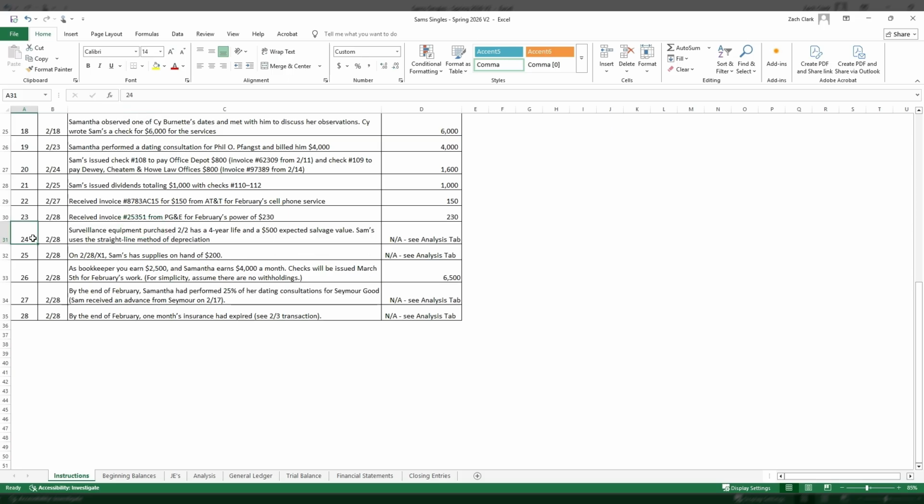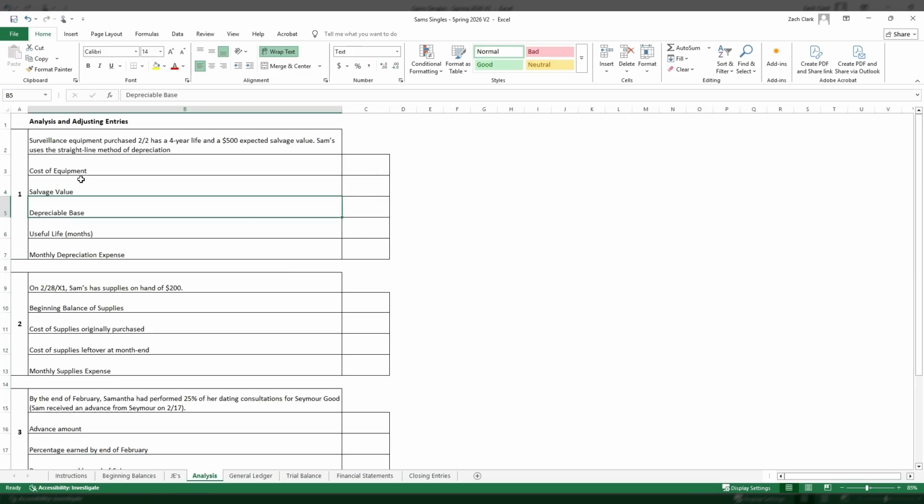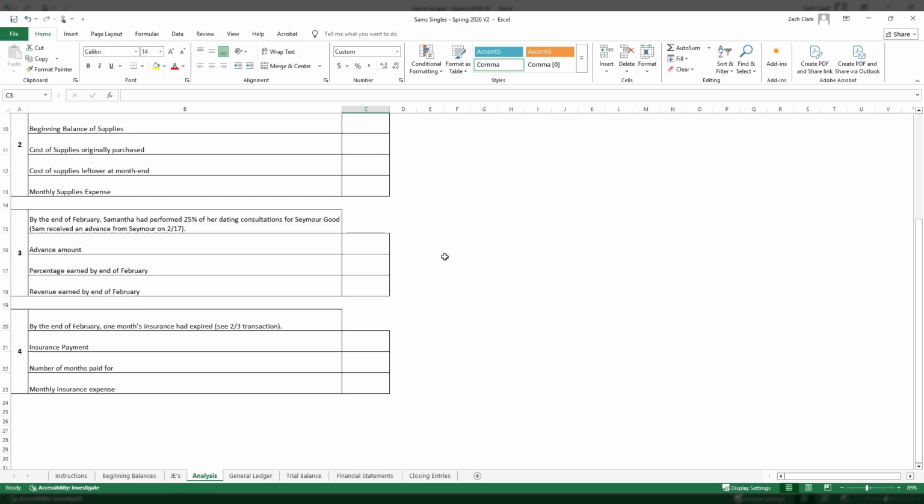And then for the last 5 journal entries here, 24 to 28, we're going to be doing adjusting journal entries with this information. Here I've put some notes just to go to this analysis tab. So on this analysis tab, we'll be able to do the analysis and come up with the amounts that we're going to need for our adjusting journal entries, at least for 4 of those adjusting entries.